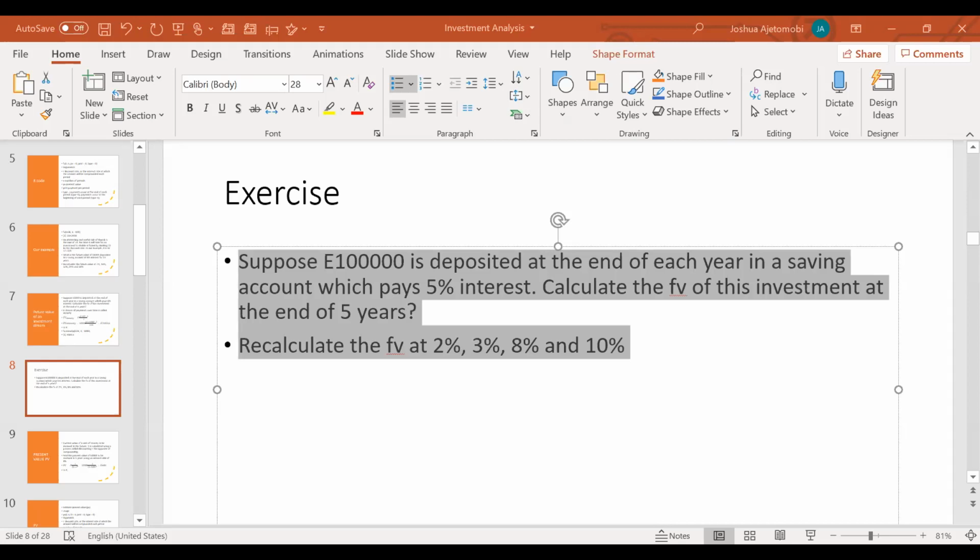Check it again. For 2%, what did you get, Prof? 520404. Yes, 520404 is for 2%. But for 3% it is 530913.6. Yes.